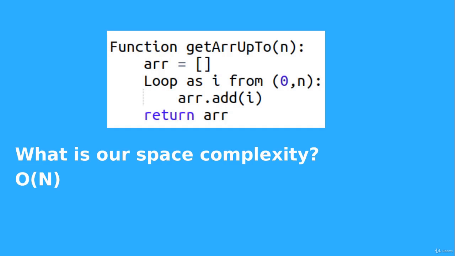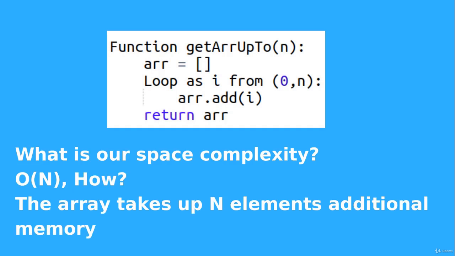It's big O of n. But why? Well, our array size has a direct linear relationship with the input n. If n is 1, that will make the array have 1 element. If it's 100, the array will contain 100 elements. So due to this linear relationship, we can say that this algorithm has a complexity of big O of n in terms of space complexity.